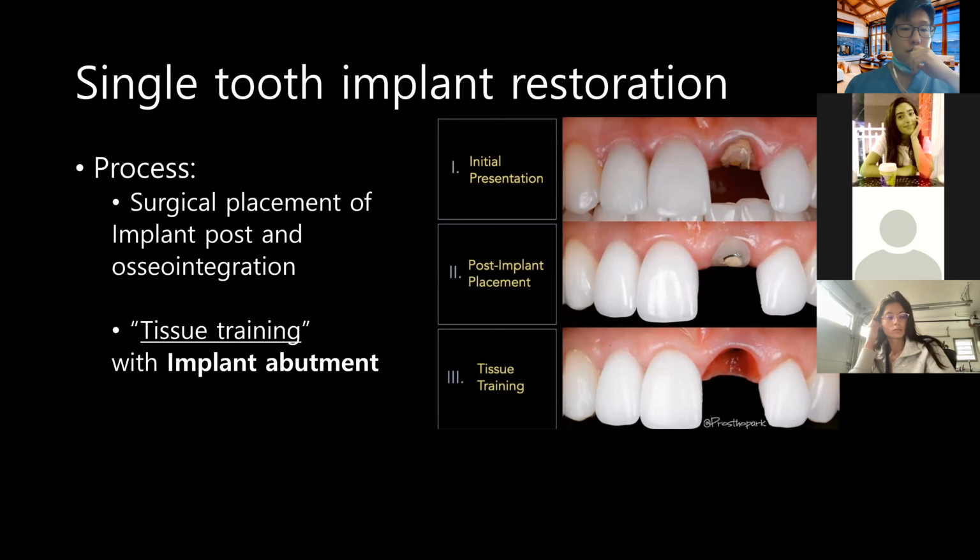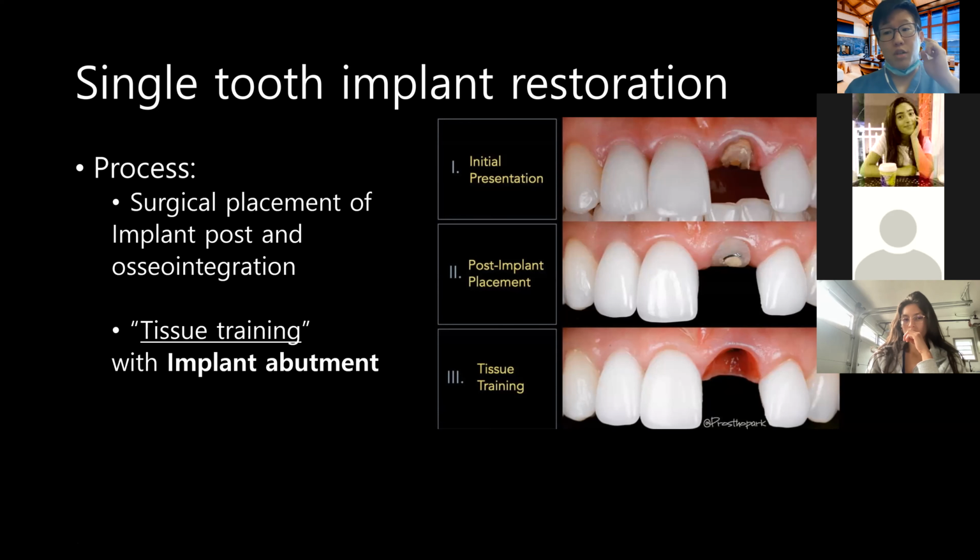Now, the next step is you use an abutment. Abutment is a connection between the implant and the crown. And then the abutment will actually mold the soft tissue. You see this? It's actually molding the soft tissue. You leave the abutment in a nice shape on top of the implant, and then the soft tissue is going to cover that abutment.